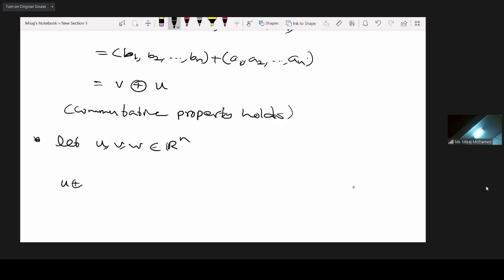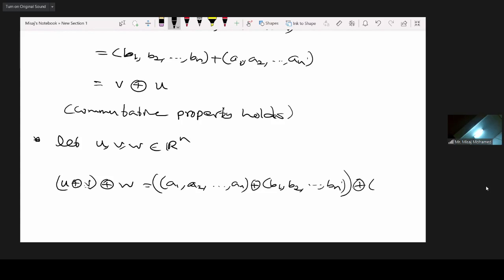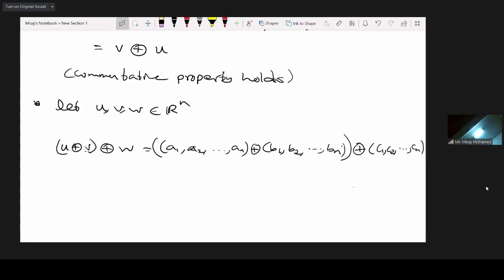Now consider U plus V plus W. So A1, A2 up to AN plus B1, B2 up to BN, right? Plus C1, C2 up to CN. Similarly, can you check with all the other properties?